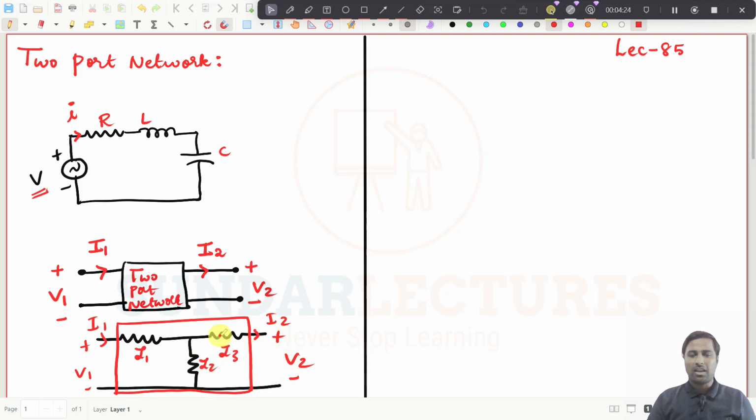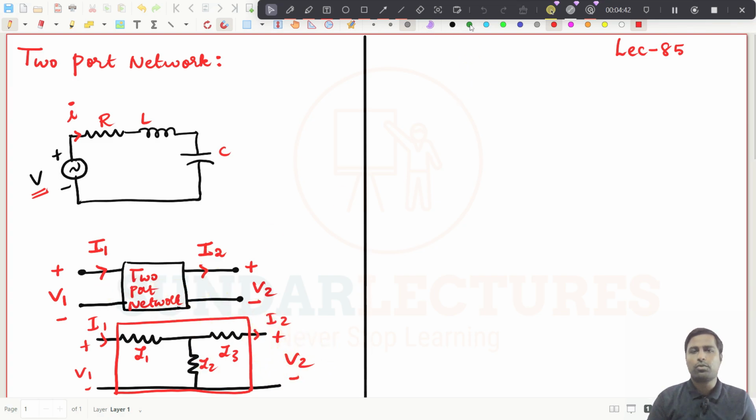It need not be exactly the same circuit I have drawn here. It may be a different circuit. You should have two ports, one input port and one output port. That is the idea you have to understand, right?